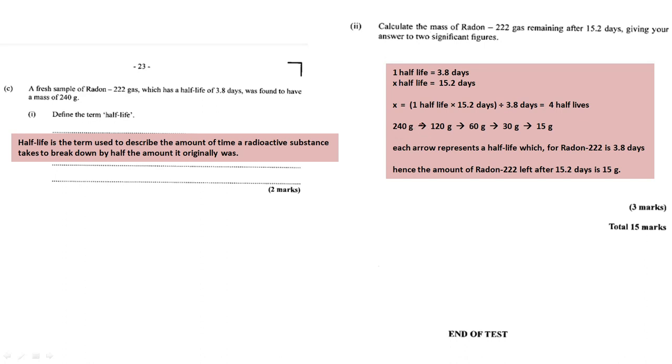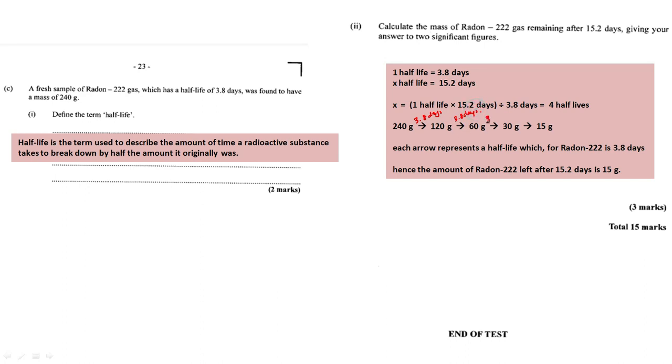It starts out with 240, and after the first 3.8 days, it breaks down to 120, which is half of 240. Then another 3.8 days come by, and it breaks down to 60, which is half of 120.